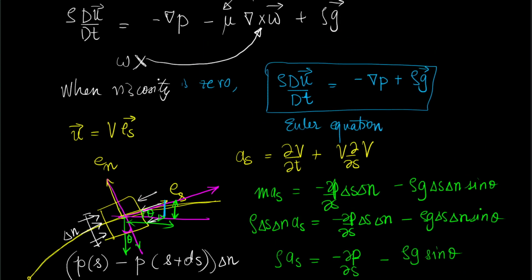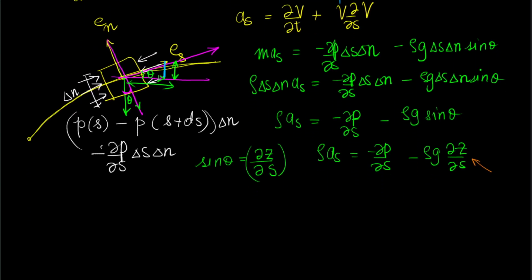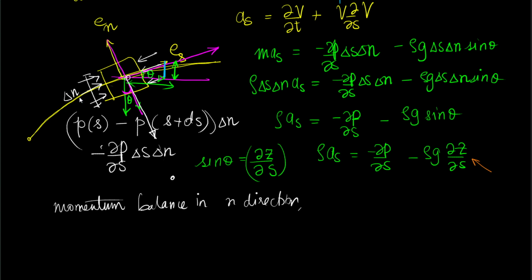Similarly, for the n direction, the momentum balance in the n direction, what are the acceleration terms? The acceleration term as seen from the inertial frame will only be v square by r, where r is the local curvature with respect to which the fluid element is moving.